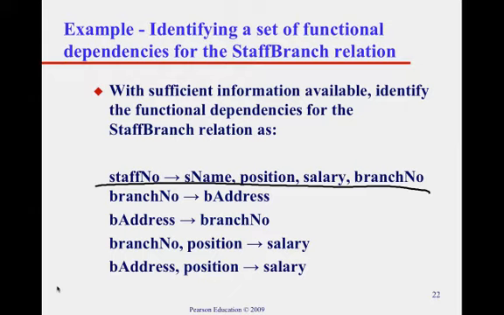However, we see that branch number uniquely determines branch address. And since branch number is there, we can through transitivity get to the fact that the staff number determines everything.